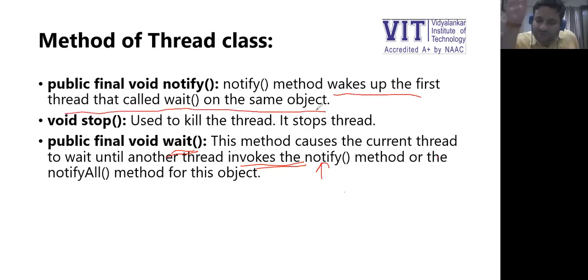If the first thread has called wait on that object for some event to occur, and that event occurs, then we can notify that object using the notify method. The stop method kills the thread and basically removes all the resources allotted to the thread object. So these are the methods that we have seen for the thread.